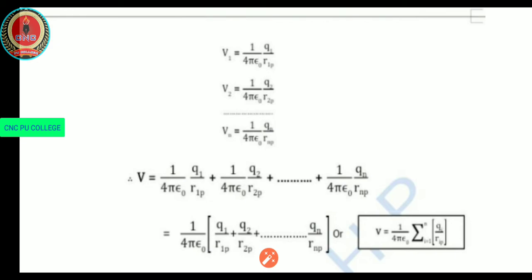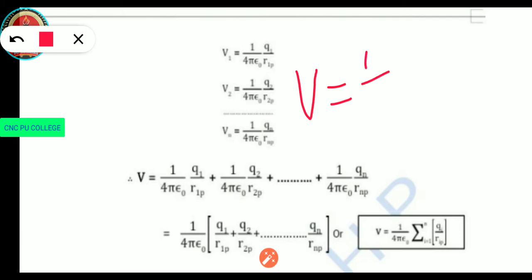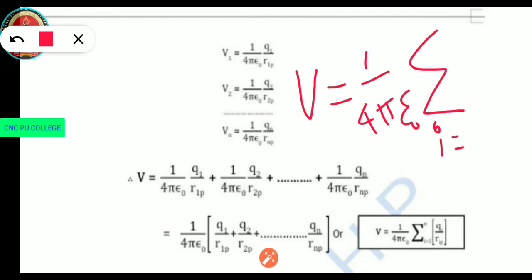By making use of the summation, we can write the final expression: V, the total potential at a given point due to a system of charges, equals 1 by 4 pi epsilon naught summation i from 1 to n of Qi divided by RiP. This is the final expression: V equals 1 by 4 pi epsilon naught summation i equals 1 to n Qi divided by RiP.